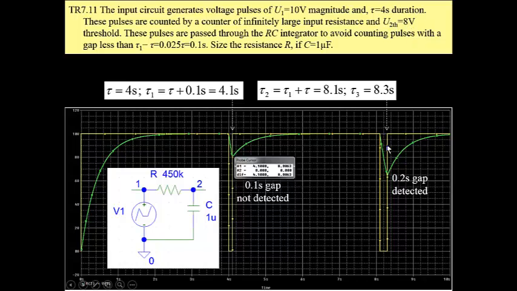Here is a gap 2 times greater, 0.2 seconds, and for this gap the voltage drops below the threshold, and the next pulse is counted. So for these pulses that we have on the screen, we have counted only 2 pulses, the first and the second. That way we have completed this problem, the use of an RC integrator.